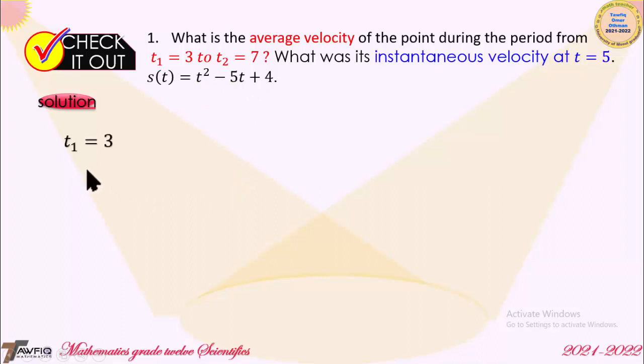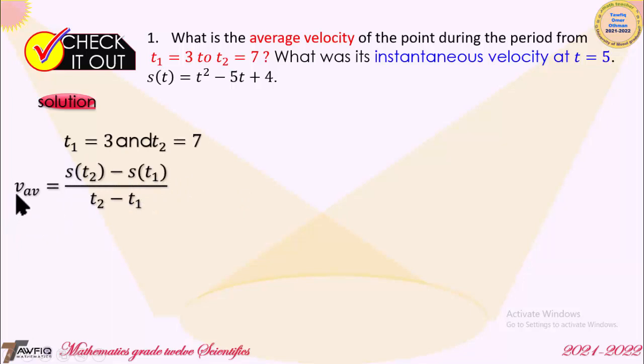t1 is 3 and t2 is 7, and the average velocity is equal to (s(t2) - s(t1)) / (t2 - t1), then (s(7) - s(3)) / (7 - 3).